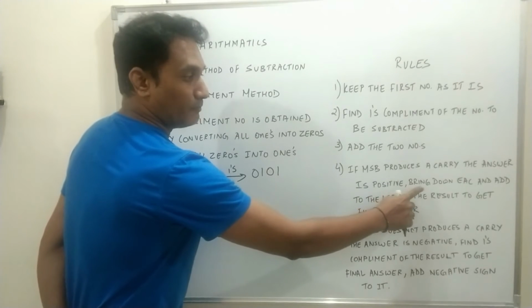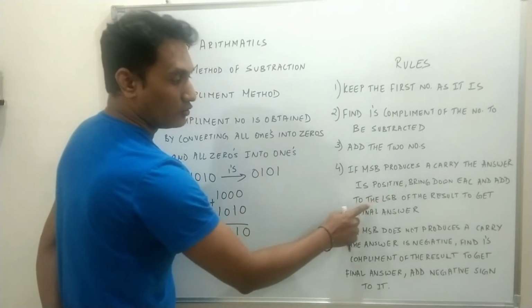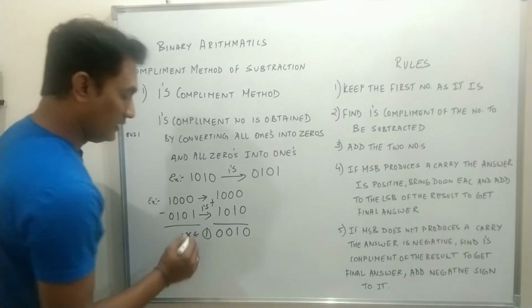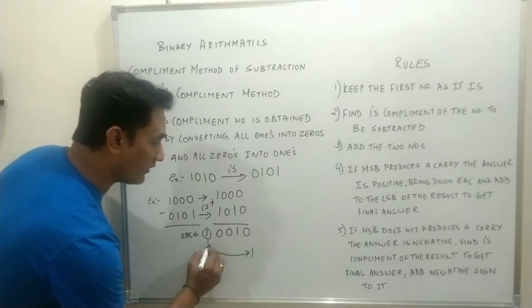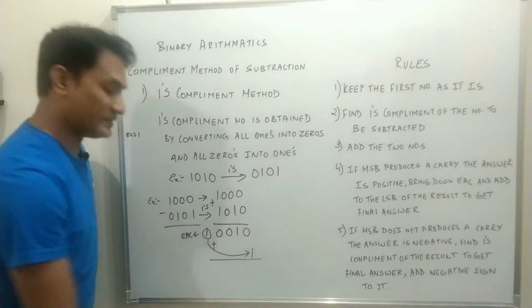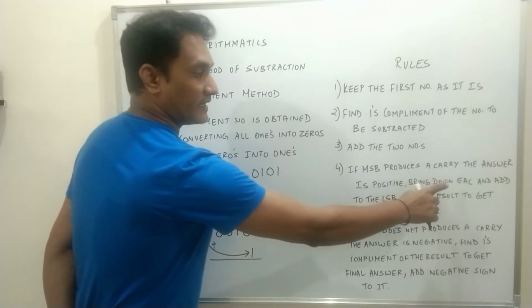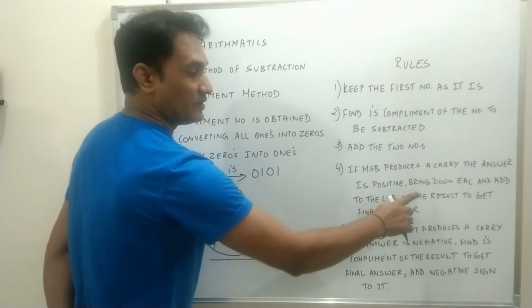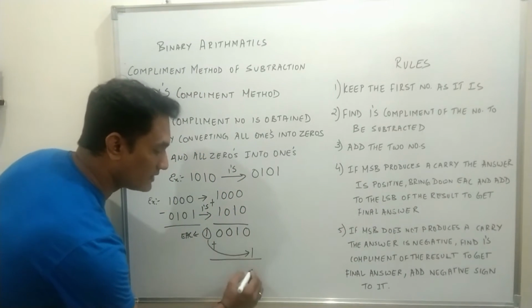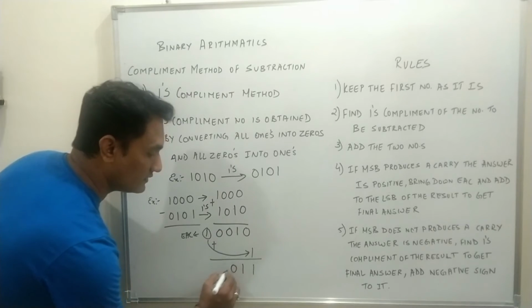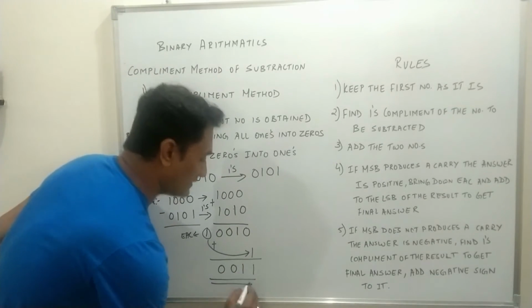What it says next, bring down end around carry and add to the LSB of the result. You have to bring down this one and add to the LSB of the result to get the final answer. So if you add these two numbers, 1 1 0 0, so this is your final answer.